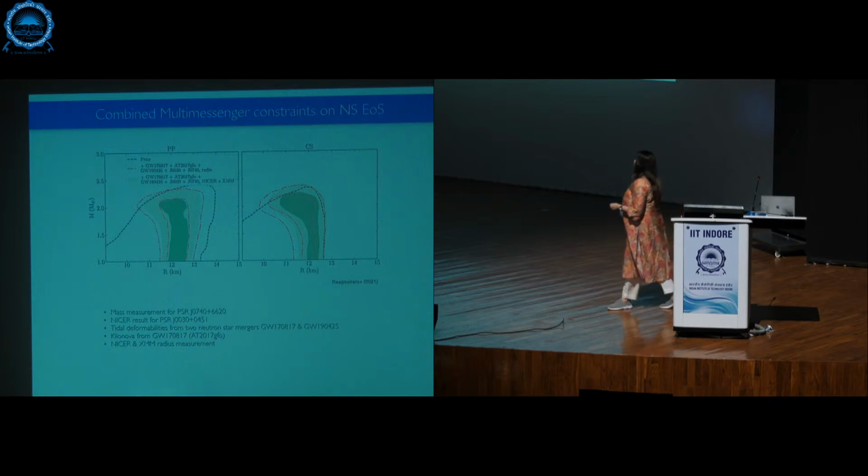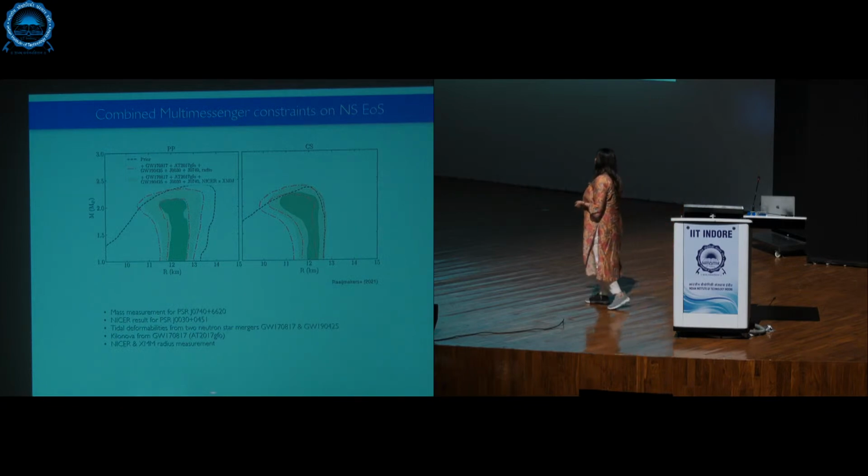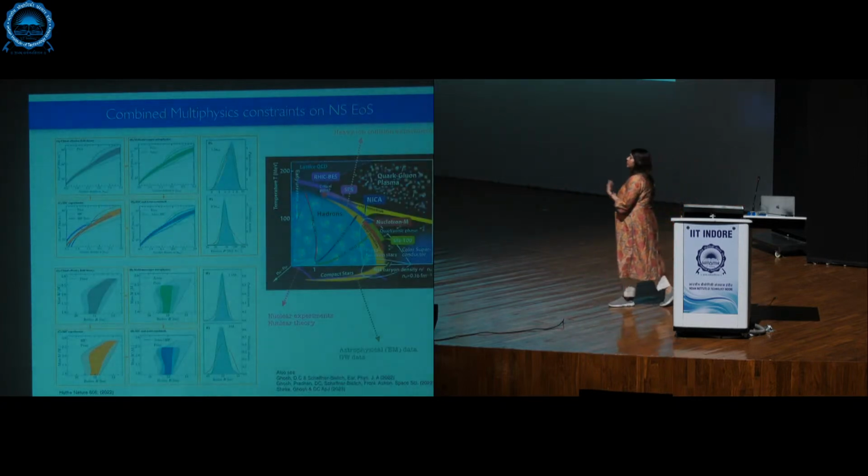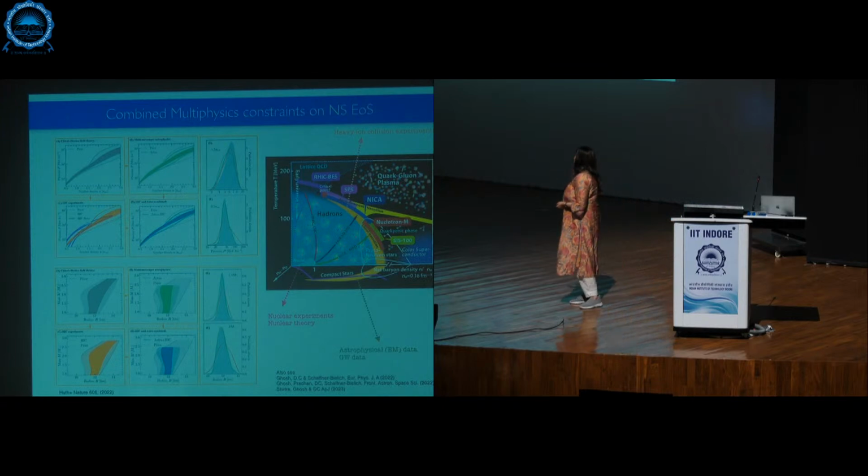And just to mention that if we combine these gravitational wave observations with other observations, for example, the kilonova and the NICER observation I talked about, then with the help of Bayesian studies, they can put very interesting constraints on the mass and the radius. Finally, another very important aspect has come up in recent times, and that is to combine multi-physics constraints at different densities.